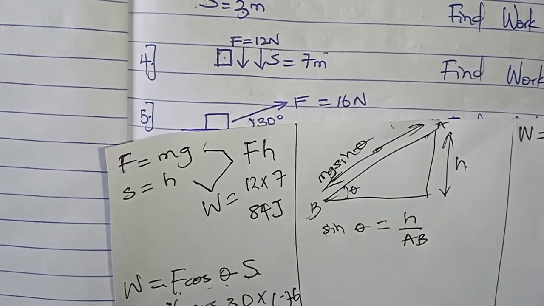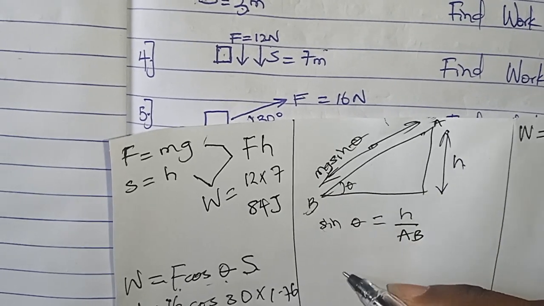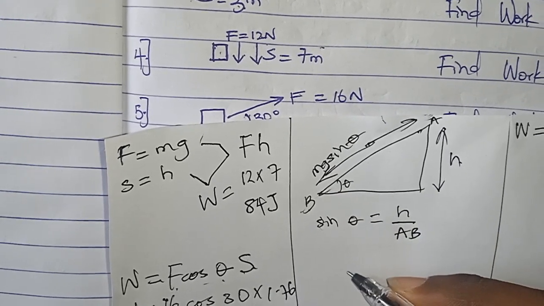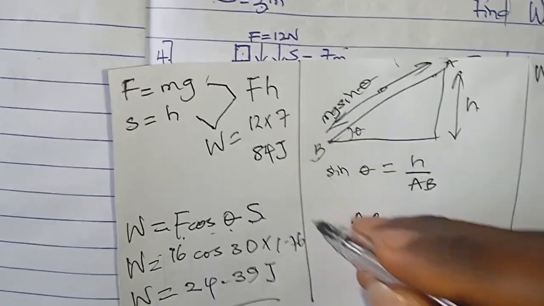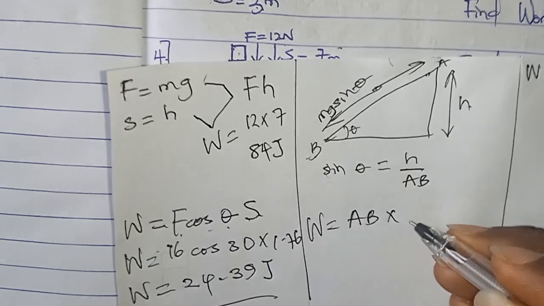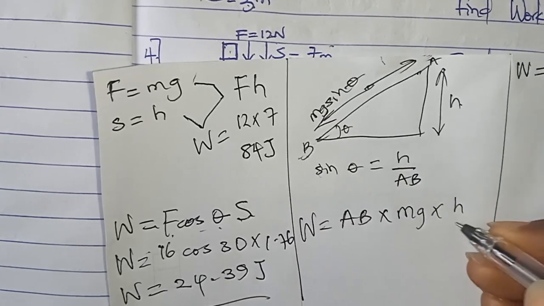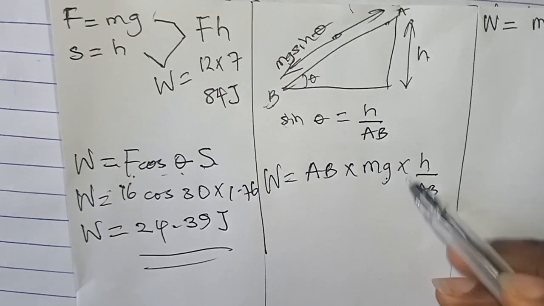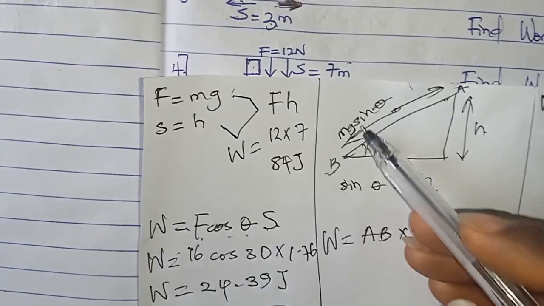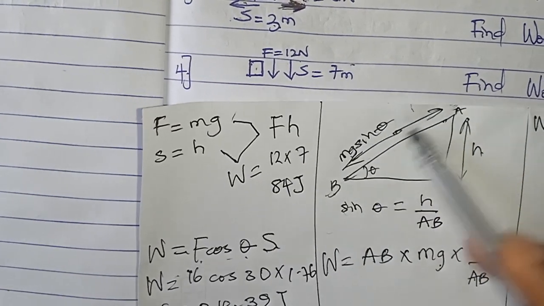Are you seeing it? So that means that if instead of writing this now, I'll simply say that work will now be the same thing as saying AB times mg times h over AB. Remember that this is the same thing as mg sine theta. The work done on this hypotenuse is mg sine theta.